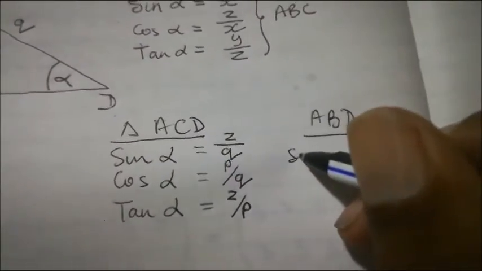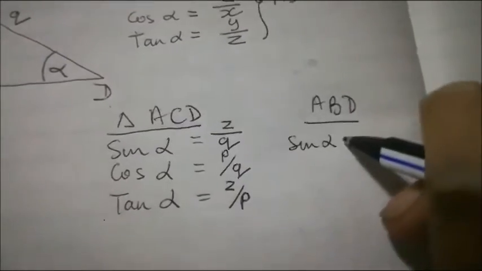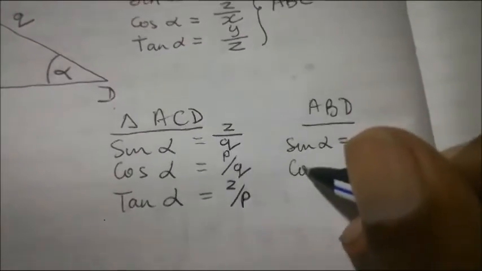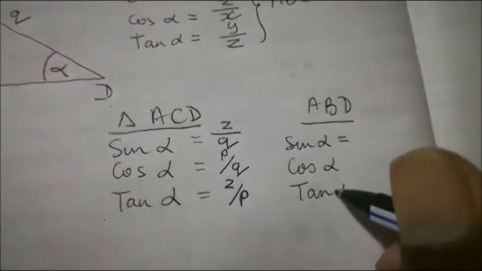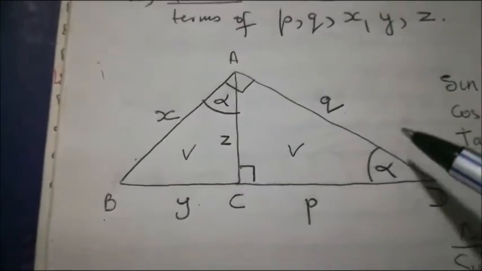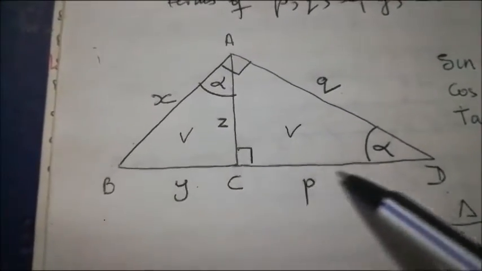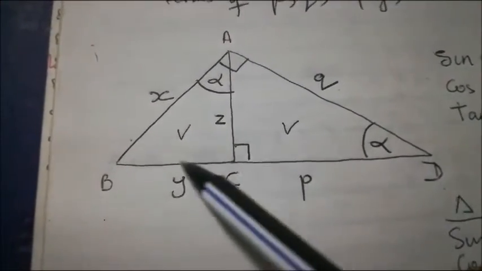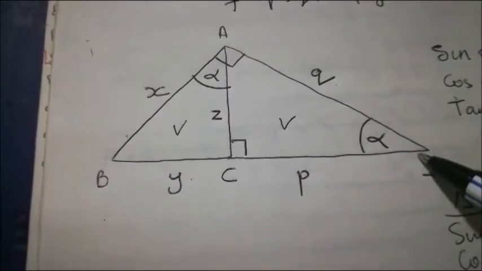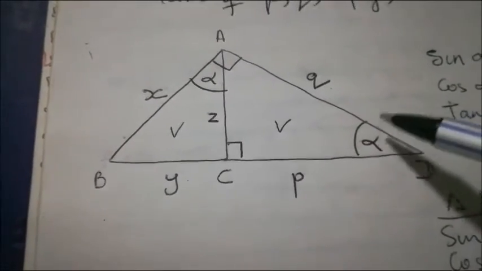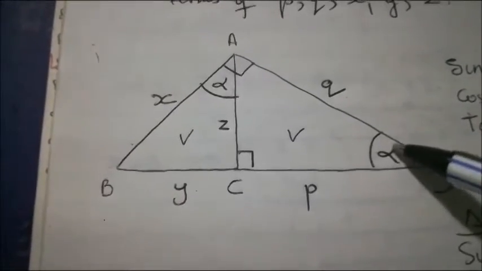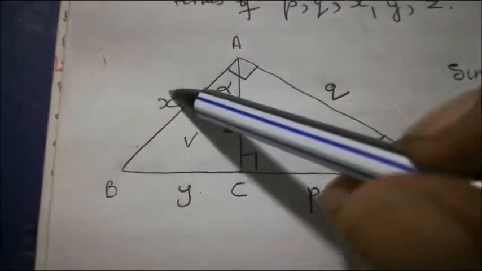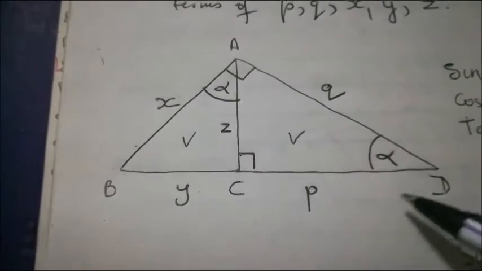The sine alpha, the cosine alpha, then we have tan alpha. For this bigger triangle now, this would be the hypotenuse, right? So for sine now, we're going to begin with opposite over hypotenuse.